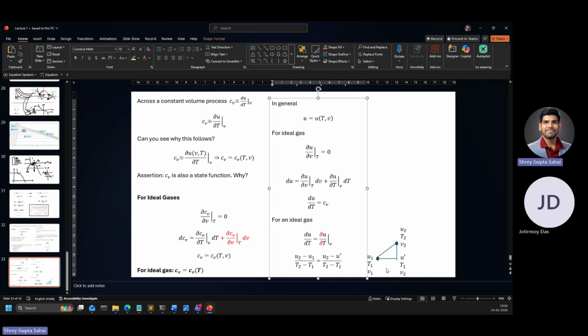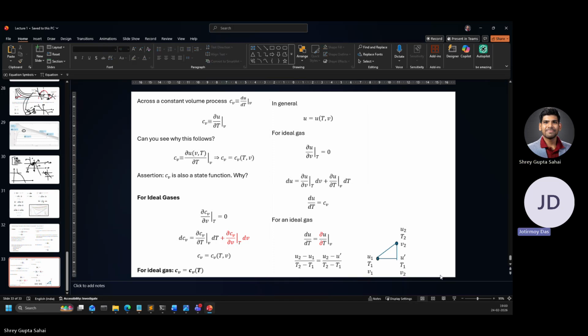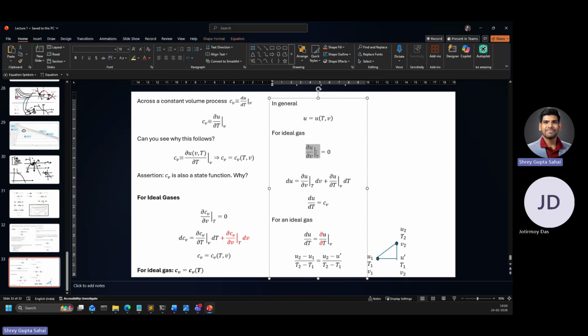That U dash will be equal to U1. So for an ideal gas, U does not change with V. That is what I wanted to say. U will not change with V along this line, because along this line, T was constant.